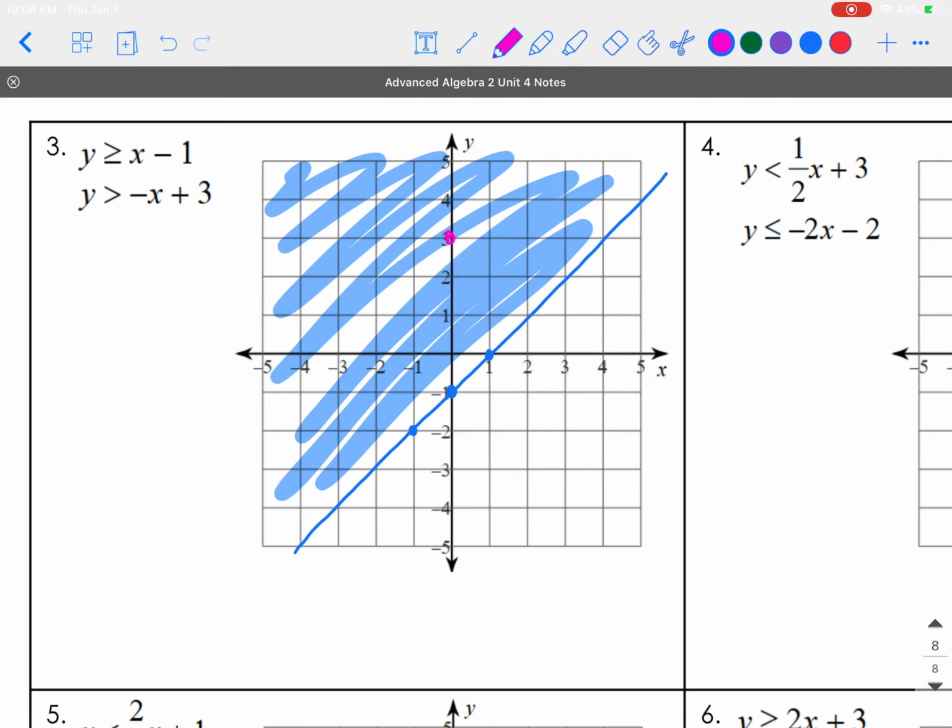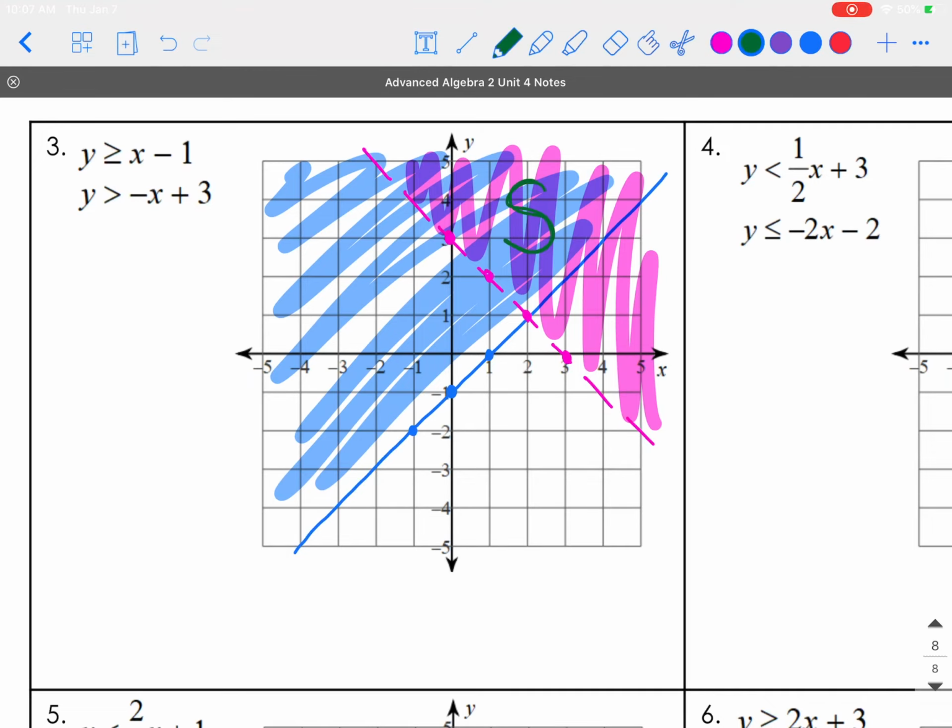The next line, we had our y-intercept of 3. This one was a -1 slope, and this one is dashed. And again, we shade above. The part where they overlap is the solution.